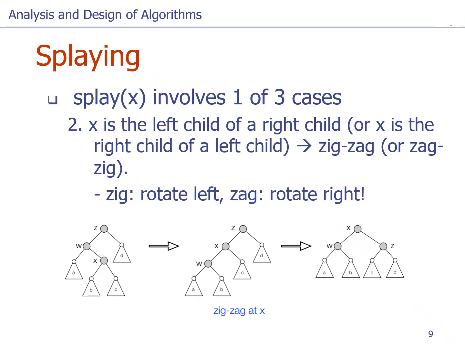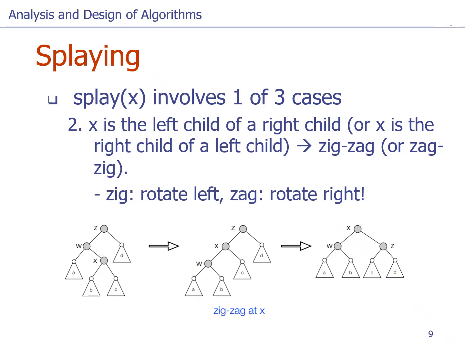So whenever we have alternating left and right child and parent relation like this, we're going to do an operation called zigzag or zag-zig, depending on which of the two cases, left of right or right of left. Now, zig generally refers to rotating left, and zag rotating right.